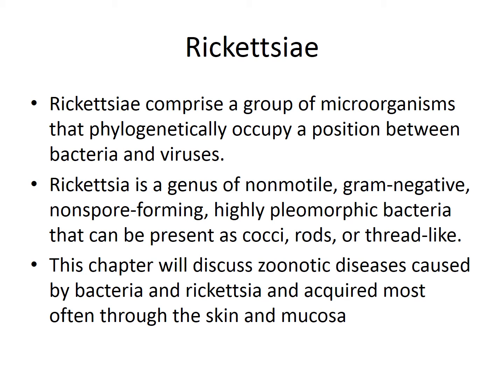In this chapter, we'll discuss the zoonotic diseases caused by bacteria and rickettsia, and acquired most often through the skin and mucosa. The viruses we will talk about in the next chapter. So right now we're just looking at rickettsia and bacteria and how they are transmitted through skin and mucosa.